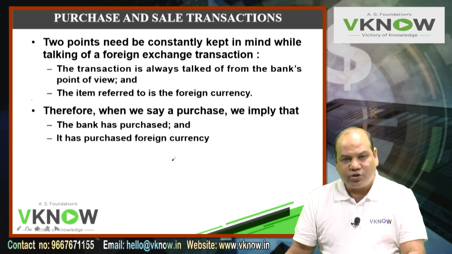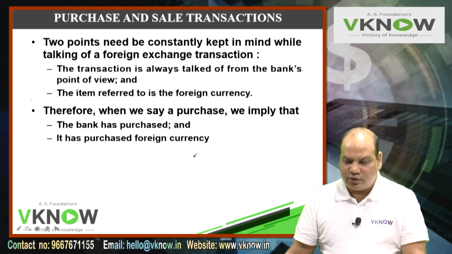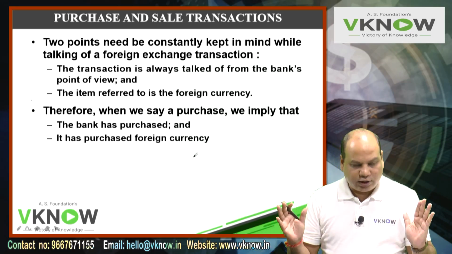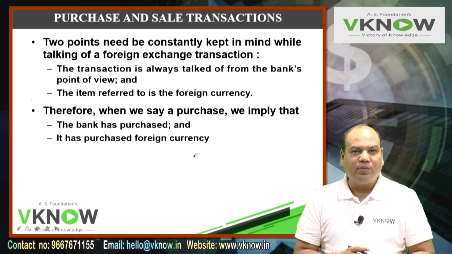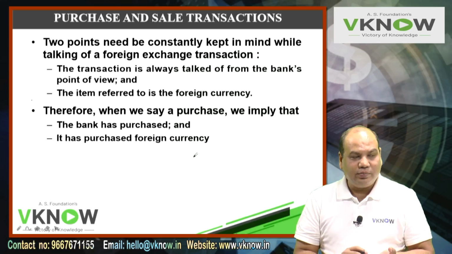Bank will buy low, sell high. And for the indirect quote, the rule is the bank will buy high, sell low. If you can understand this much, our 50% job is done. People will tell you this is a difficult chapter, but it is not. The difficulty lies in identifying whether it is a direct quote or an indirect quote.